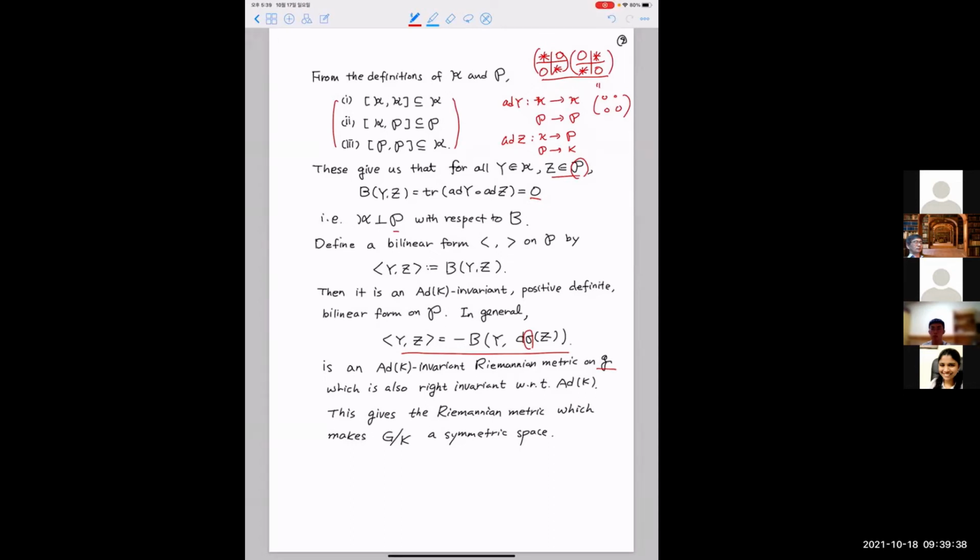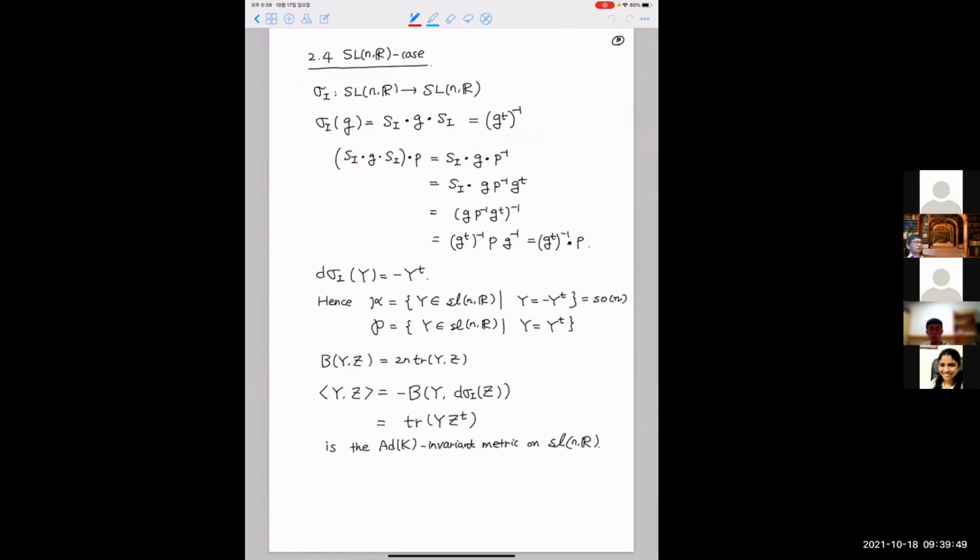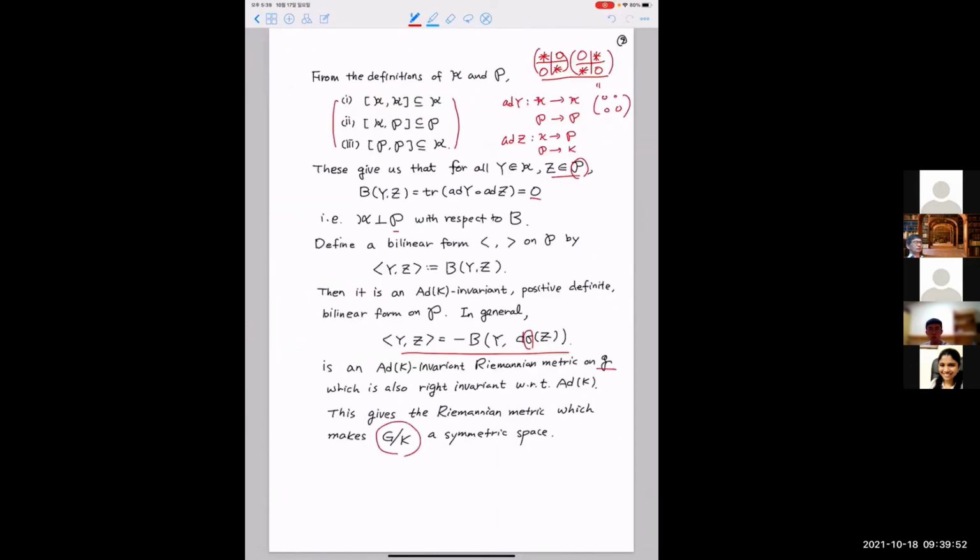Then you can define the left invariant metric on the real group G, which is also adjoint K-invariant. Then you can give a Riemannian metric on G quotient K. This is also a symmetric space because it has an involution at the identity and a Riemannian metric.